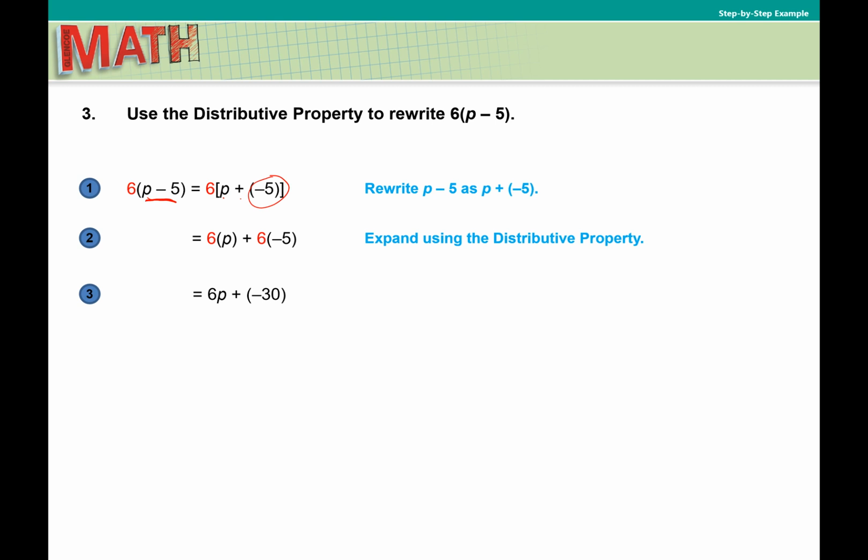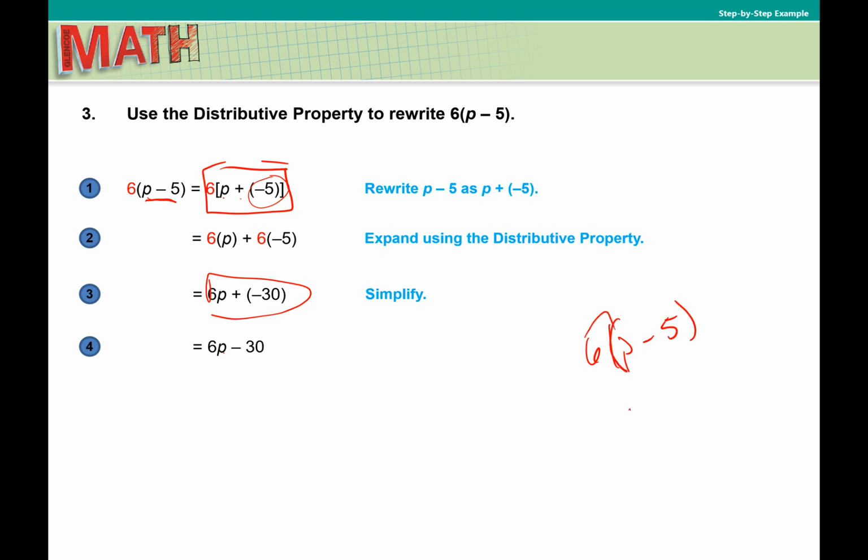Now we'll reverse what we did when we turned a subtraction problem into an addition problem. Now we have it as an addition problem with a negative number, but we can reverse that around and make it back to subtraction. So now it's 6p minus 30. Now the reason why we do this here is if you would have gone through and taken the original 6 times p minus 5, you would have multiplied the 6 by p, and then what do we put in the middle here?